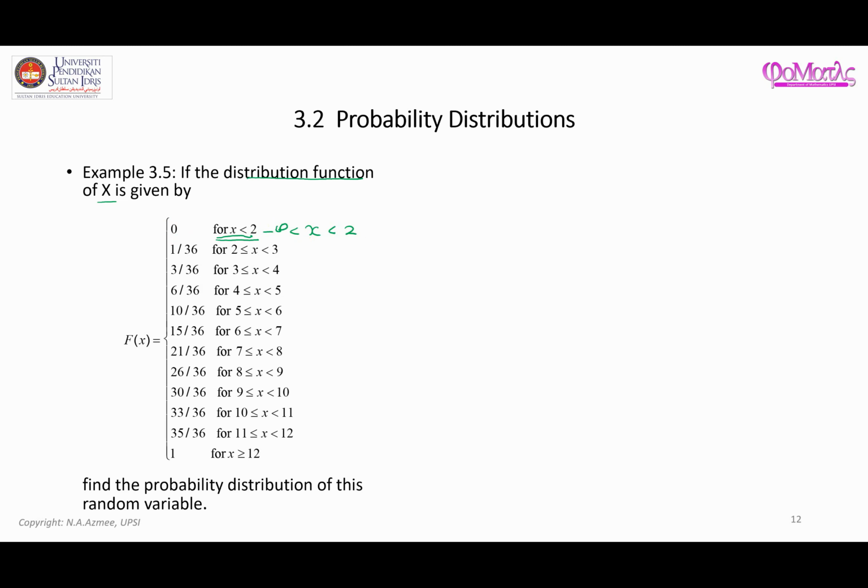And when x is 2 or more, the result is 1 over 36, and so on. Therefore, the lowest value of x is 2, and the highest value of x is 12. Now, this part here can also be written as x greater than or equal to 12 and less than infinity.